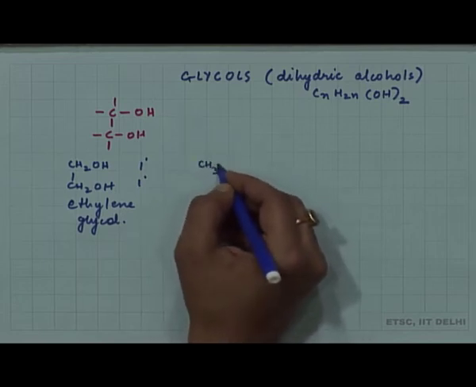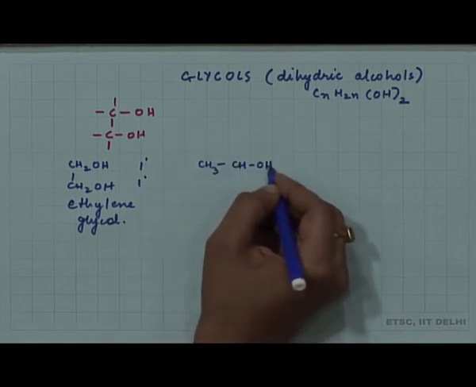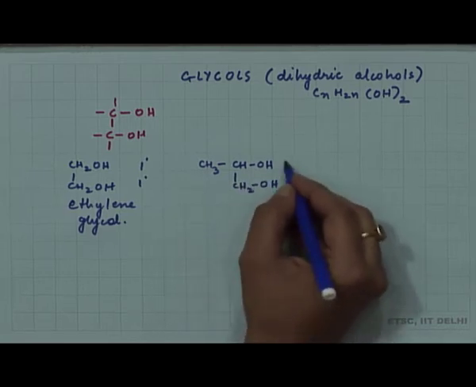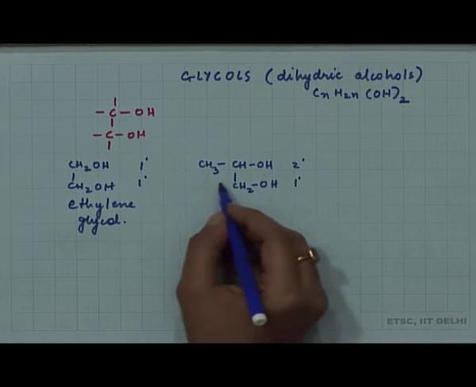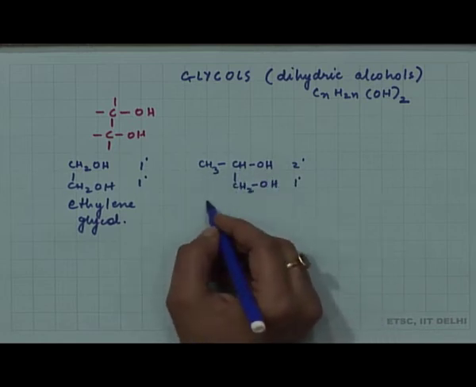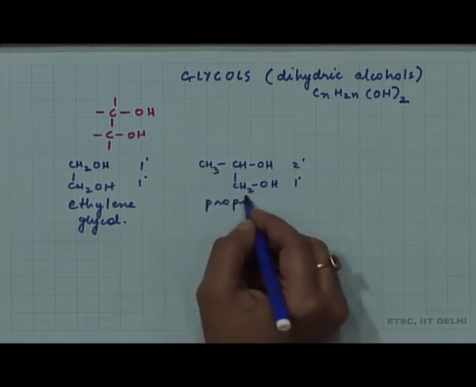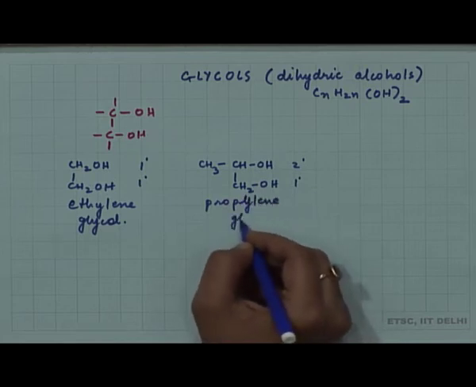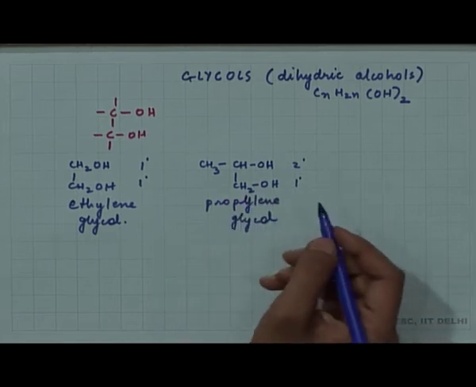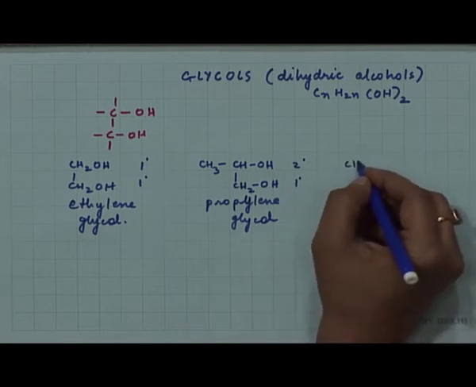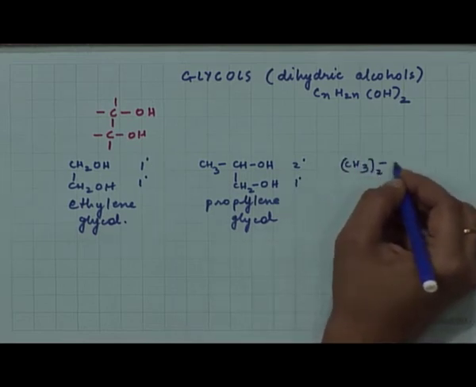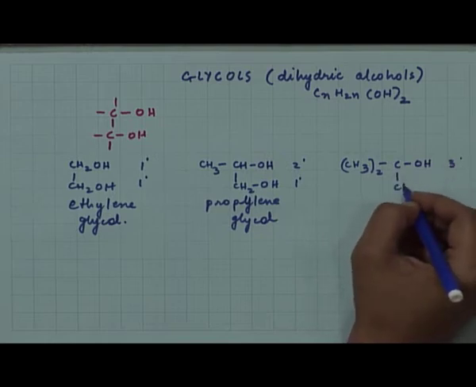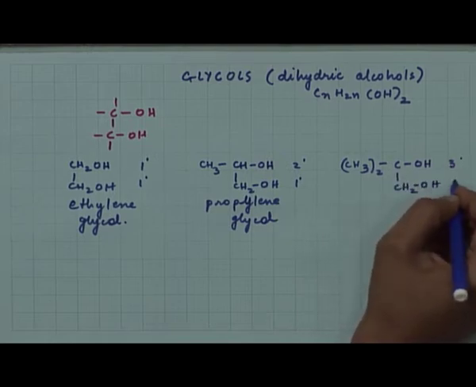If you have a secondary alcohol linked to a primary alcohol, this is a three carbon system, and we call this propylene glycol. Another example: you have a tertiary alcohol linked to a primary alcohol.